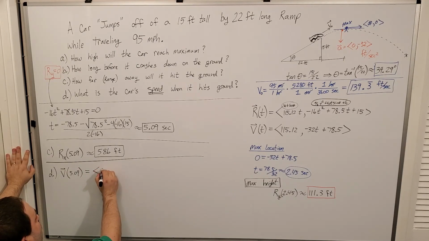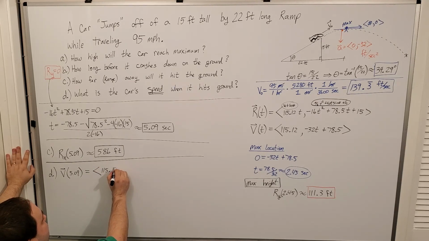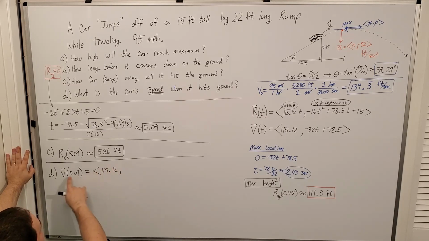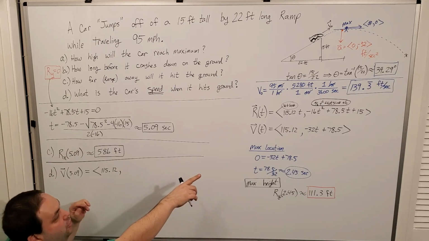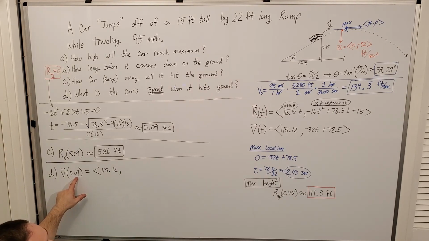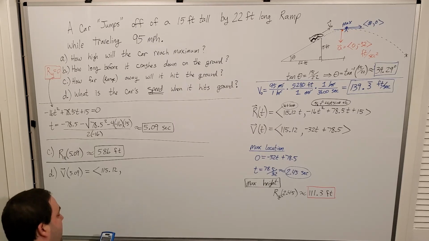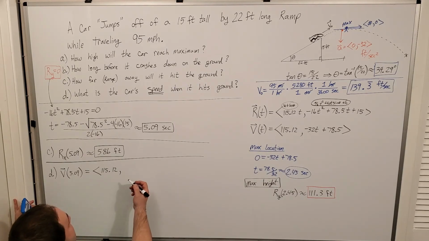It's the vector 115.12, right? Because the x component of v is constant. And then I'll be doing negative 32 times the 5.09 plus the 78.5. Okay? So negative 32 times 5.09 plus 78.5. I'm getting negative 84.38.